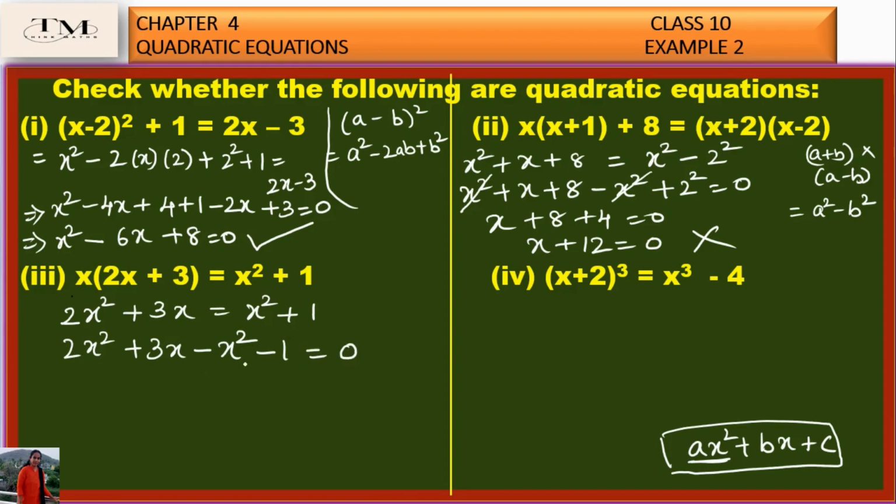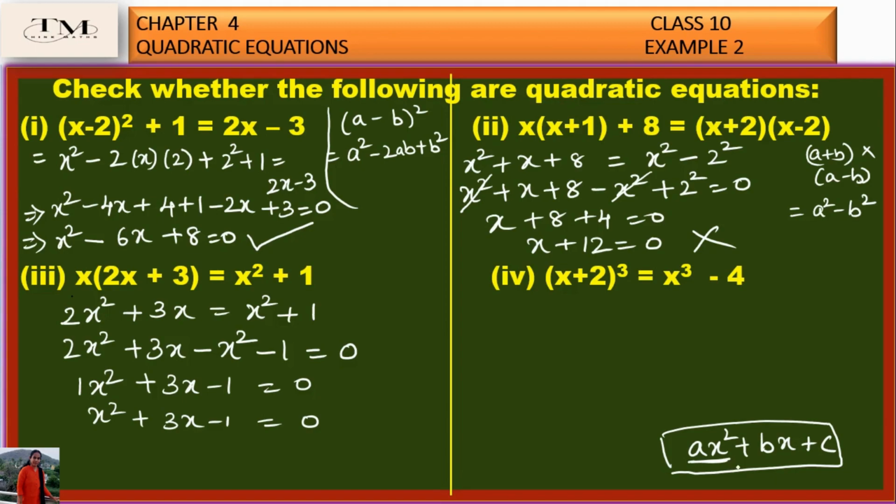So 2x square minus 1x square. So for the x square term constant you have to subtract. 2 minus 1 is 1. So 1x square plus 3x minus 1 equal to 0. That is x square plus 3x minus 1. Here instead of writing 1, you can write just x square.